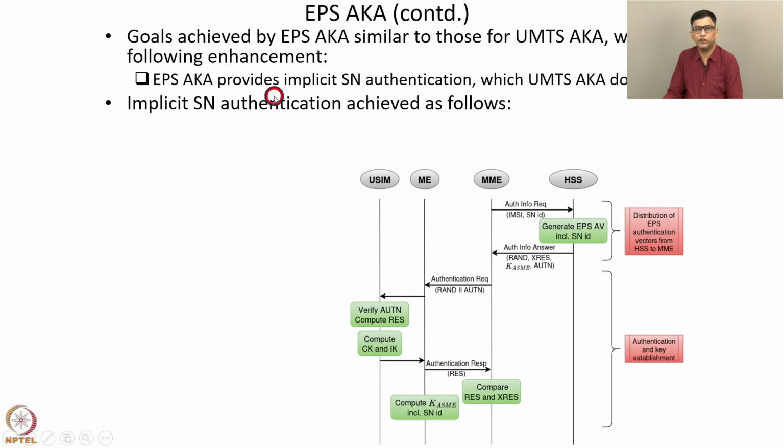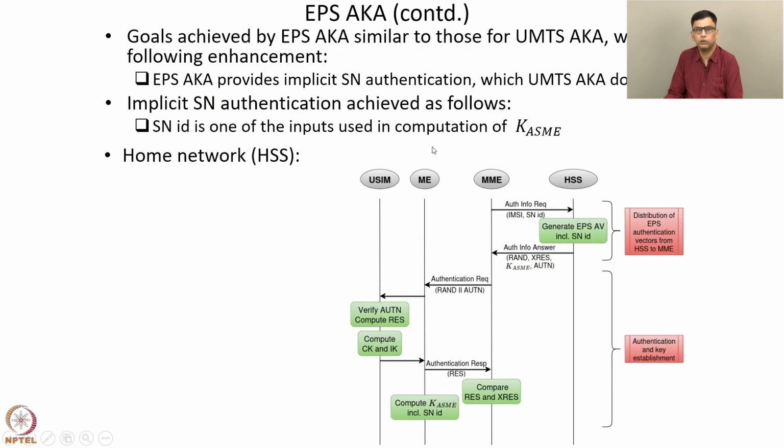So, implicit serving network authentication is achieved as follows. SNID is one of the inputs used in the computation of the KASME. So, this KASME, which is a part of the authentication vector that is sent from the HSS to the MME, is computed using a process in which SNID is one of the inputs. The home network HSS, that is home subscriber server, verifies the identity of a serving network requesting the authentication vectors.